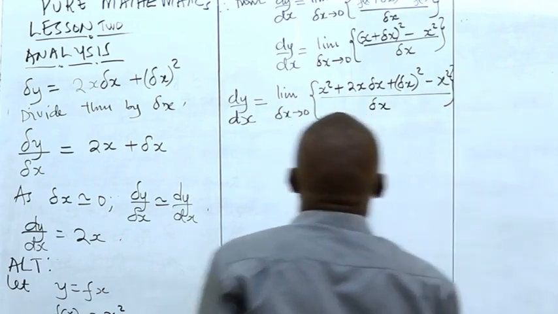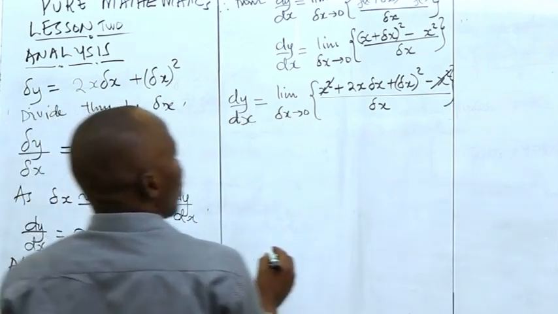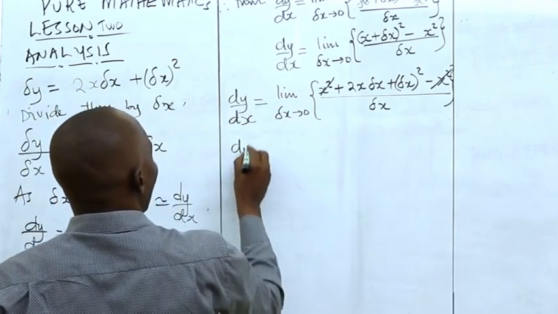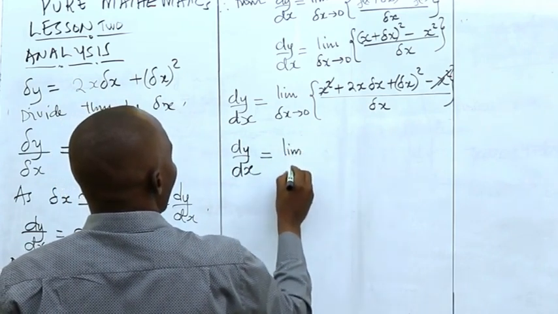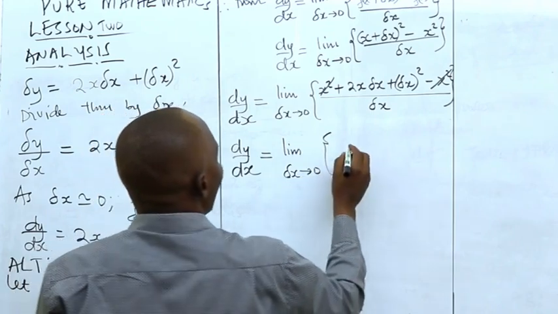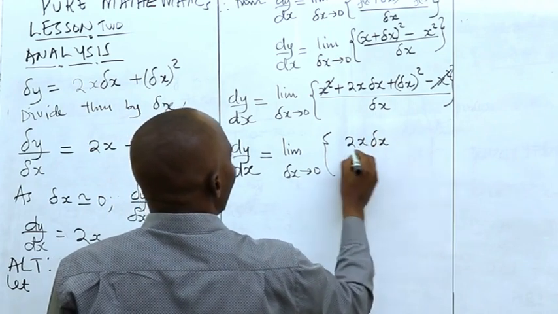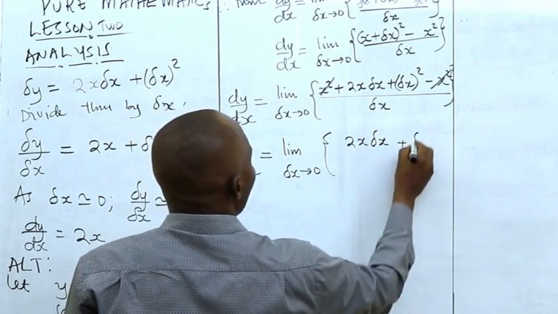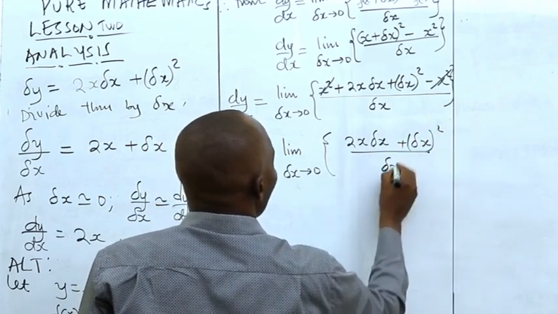You consider that the x squared terms cancel out, and we have dy/dx as the limit as delta x tends to 0 of 2x delta x plus delta x squared over delta x.